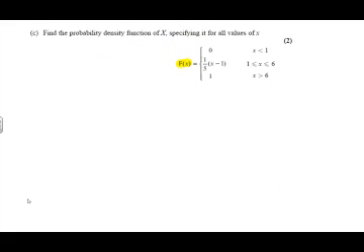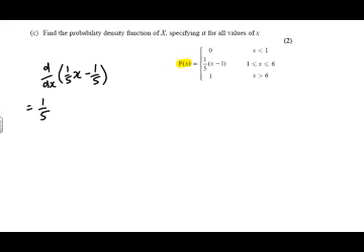On to part C. Here we were asked to find the probability density function of x, specifying for all values of x. So starting with your cumulative distribution function, to generate the probability density function, the PDF, we're going to want to differentiate. So differentiating this expression, so d dx of, I'm going to expand these brackets quickly, is going to equal simply 1/5.